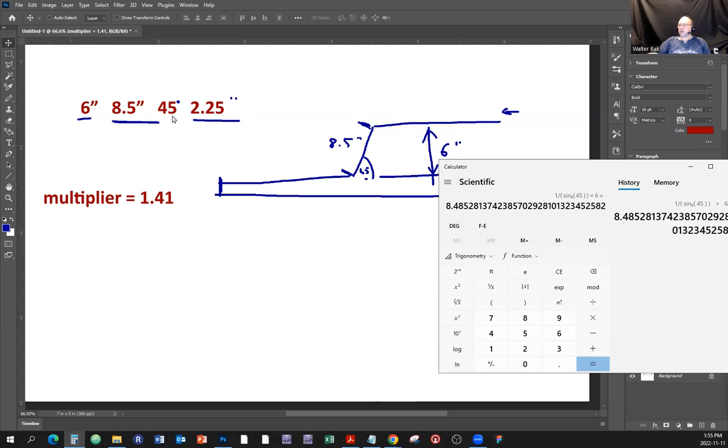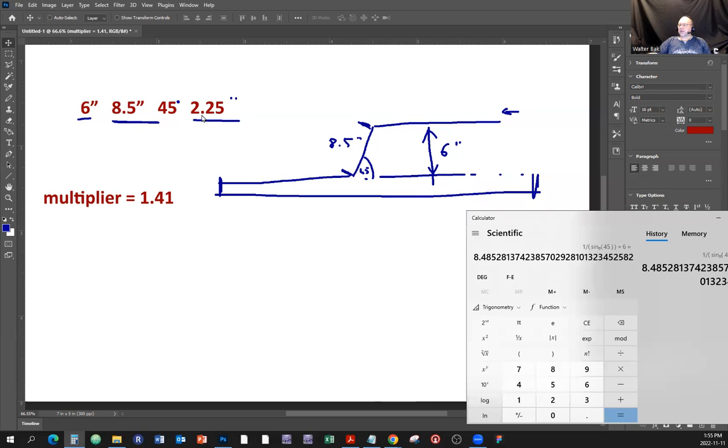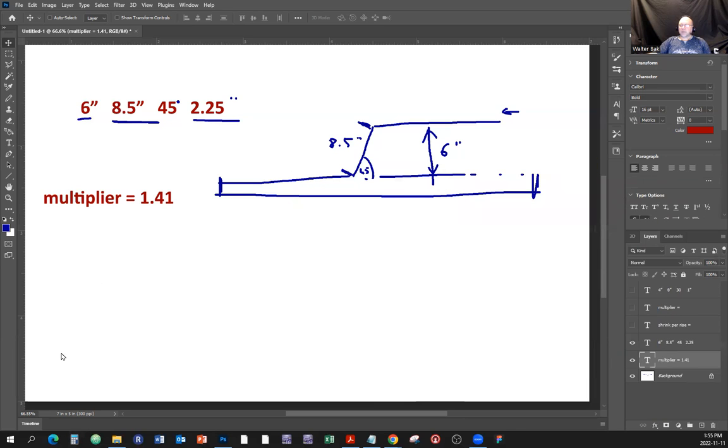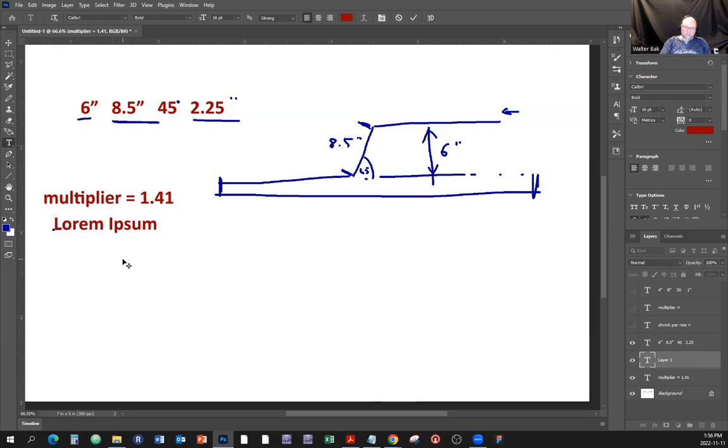All right, so we're working with 45 degrees. How is it that the pipe is going to shrink? It says it's going to shrink 2.25 inches. All right, remember the formula for that. That's one thing you just have to remember. The shrink per rise length.